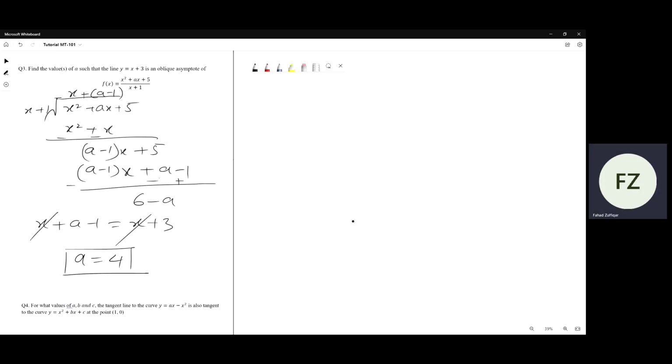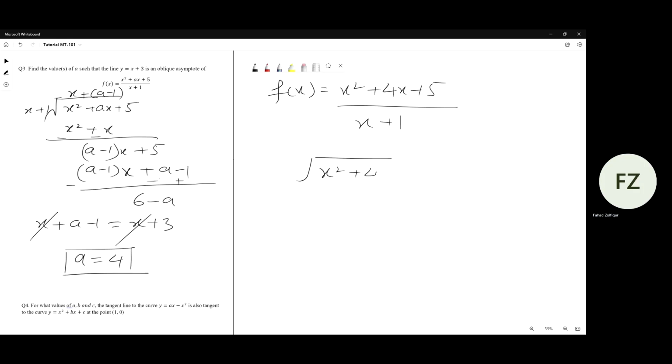So that's our answer. If you need to verify this, you can substitute this a value back into the function. So f of x becomes x squared plus 4x plus 5 over x plus 1. If you apply long division on this, multiplying x plus 1 with x gives us x squared plus x.